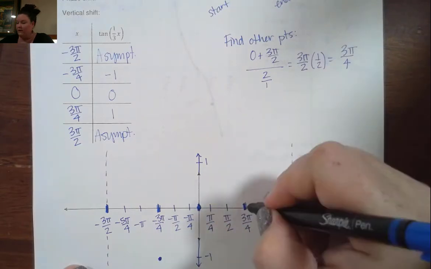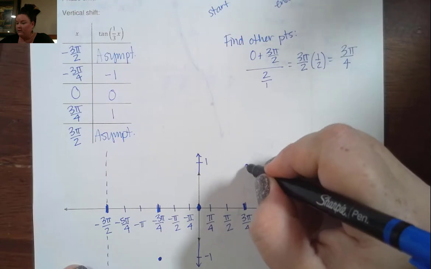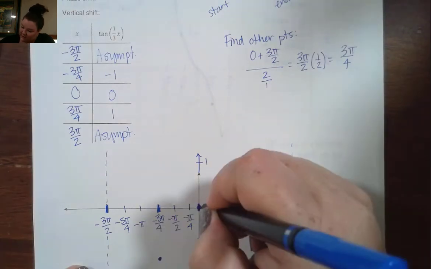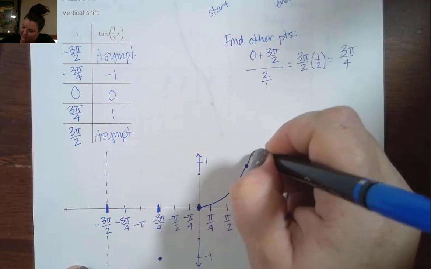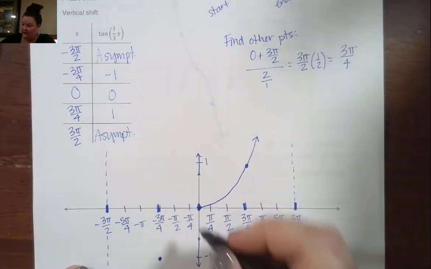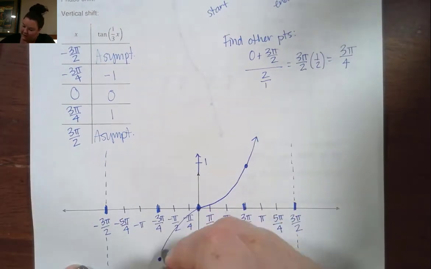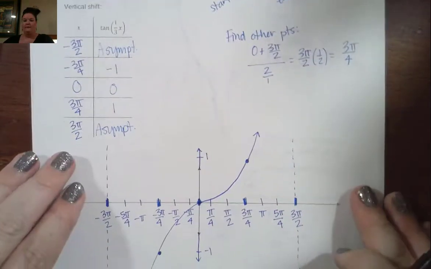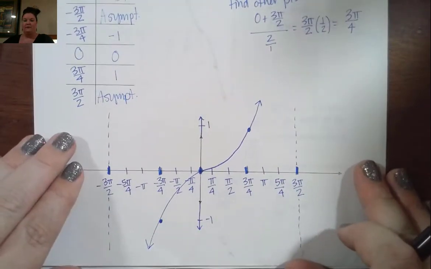And 3 pi over 4, we're up at positive 1. So remember, we always connect our dots headed towards the asymptotes. So this one's going to go this direction, headed towards that asymptote. And this one's going to head this direction towards that asymptote. Okay? So I end up with a nice, pretty picture.